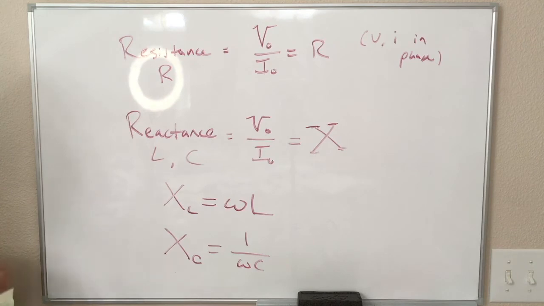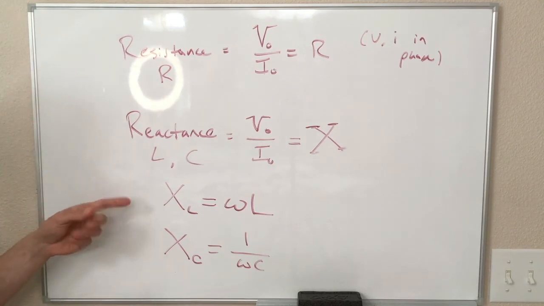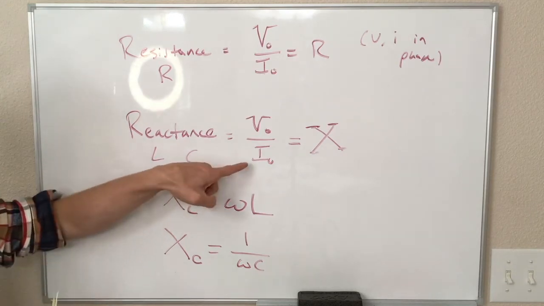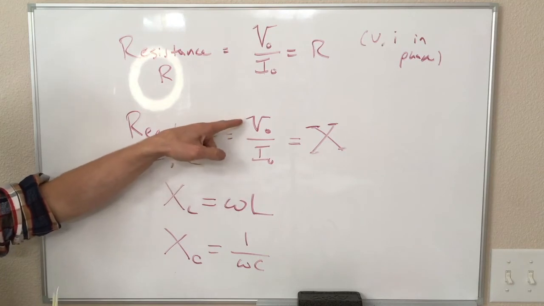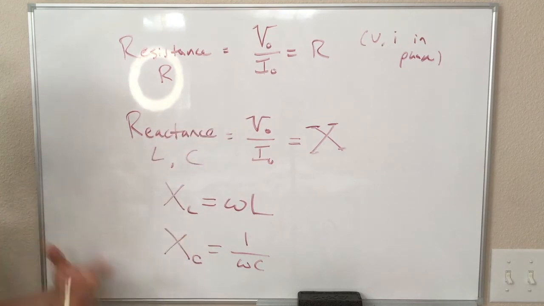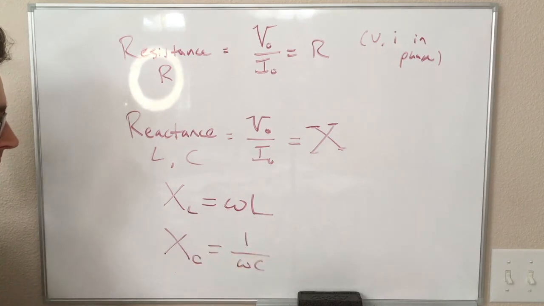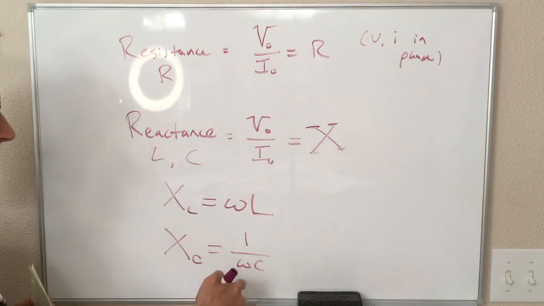And they kind of behave like resistance in that, the smaller the reactance, the bigger the current we get for a particular voltage. And a small reactance could be a low frequency or a small value of the inductor, or a big value of the capacitor.